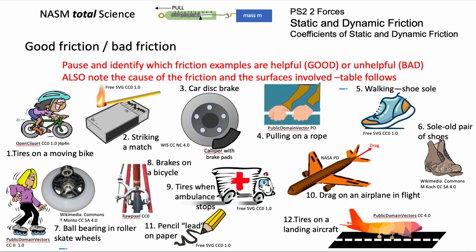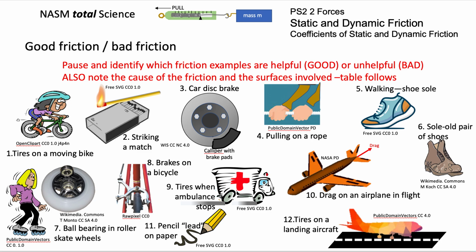A little activity about good friction, bad friction, and some of this will be review. If it's helpful, it's good friction. If it's unhelpful, it's going to be bad. So read each of these in turn and look at the diagram and decide the part that is being asked about. So the tires for number one on the moving bike, nothing about the pedals, nothing about anything else.